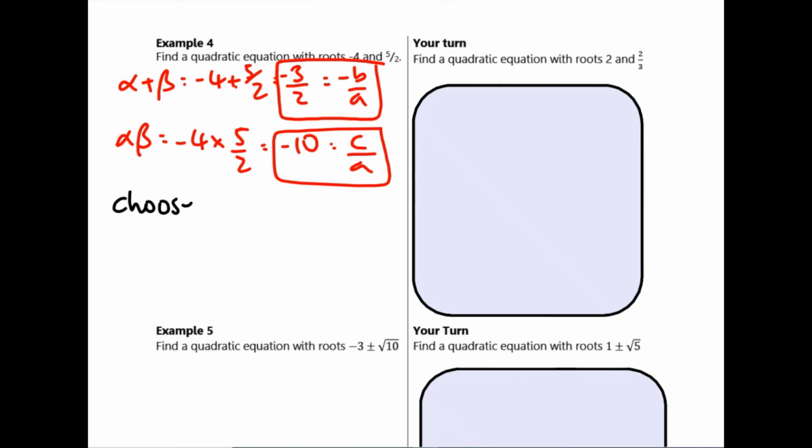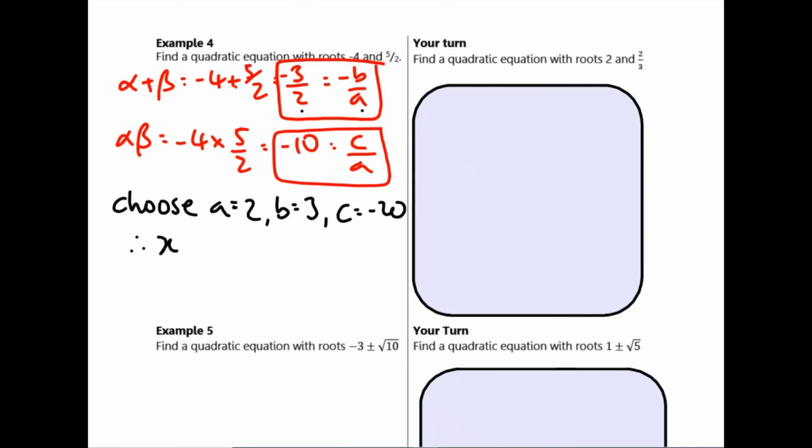So I'm going to choose in this case a to be 2 because of this one here. It makes sense for a to be 2 because that's a fraction over 2. If a is 2, I can then work out b. So I'll have minus 3 over 2 equals minus b over 2, so b is 3. And if a is 2, I can times the product by that 2 and get that c is minus 20.